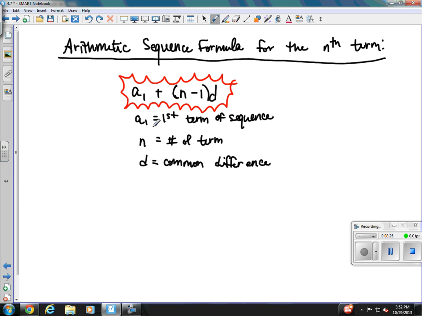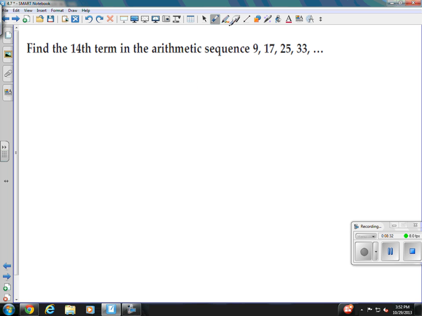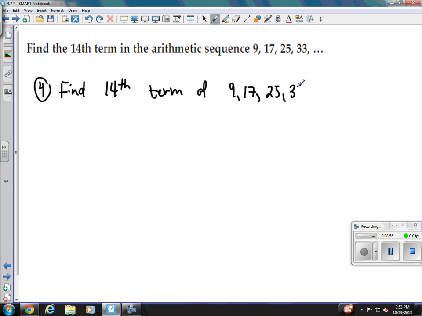Okay. So let's look at how we can apply our formula to an example. Example 4 asks us to find the 14th term of the sequence 9, 17, 25, 33.